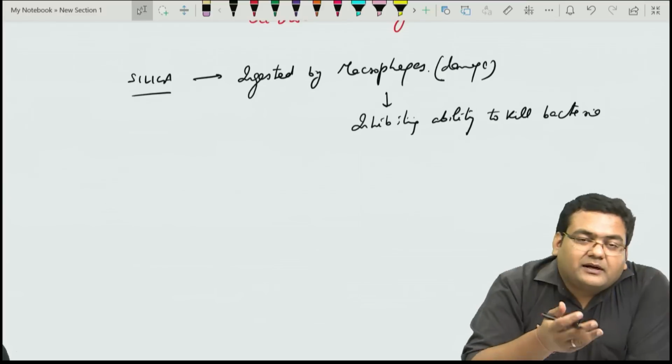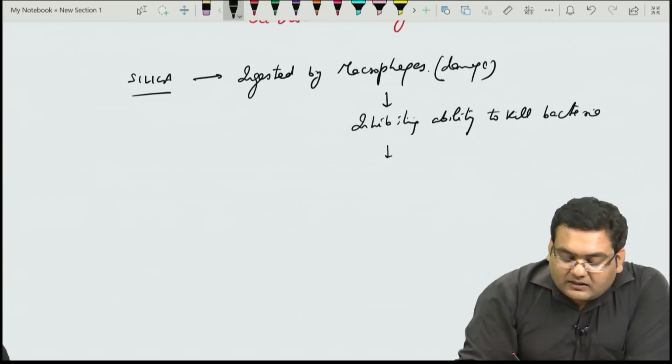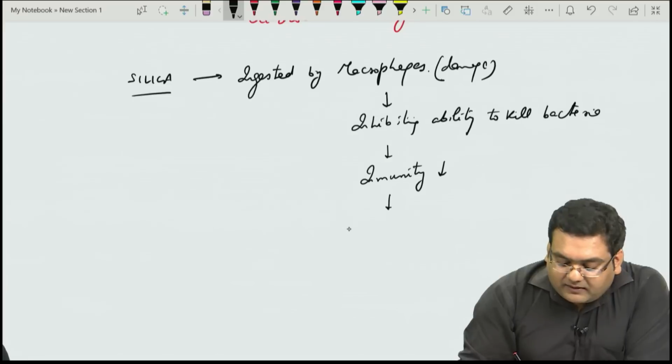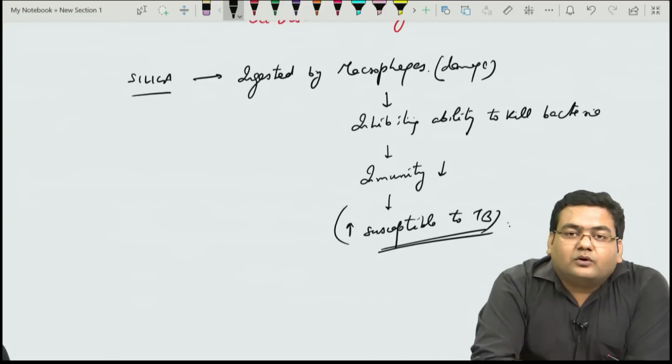Now since the ability of macrophages gets reduced or damaged, the immunity level of a person goes down, and when immunity goes down, the person becomes more susceptible to acquiring tuberculosis infection.